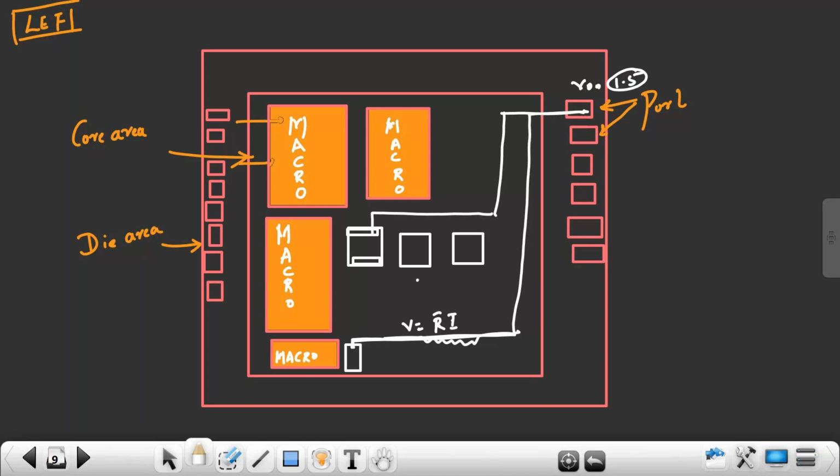If I have more length, I have more resistance. If I have more resistance, I have more voltage drop. So out of 1.5 volts, 0.5 volts may drop on the metal layer itself. The voltage drop on the metal layer will convert to heat. Voltage drop on the metal layers will convert to heat. Voltage drop in the capacitance will convert to what?